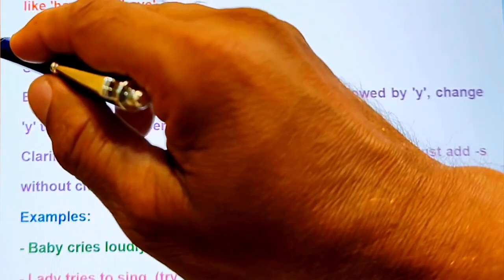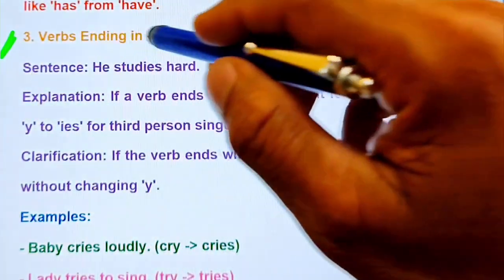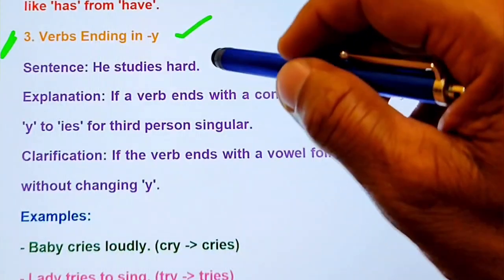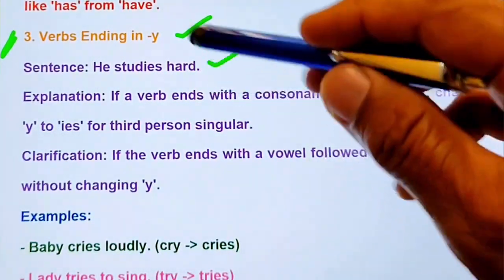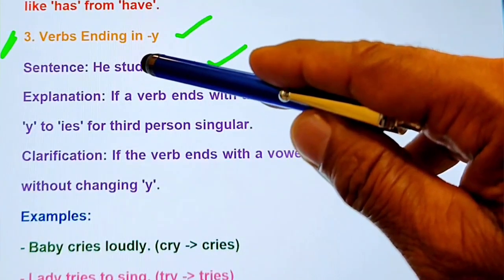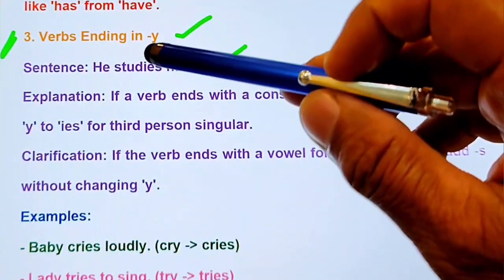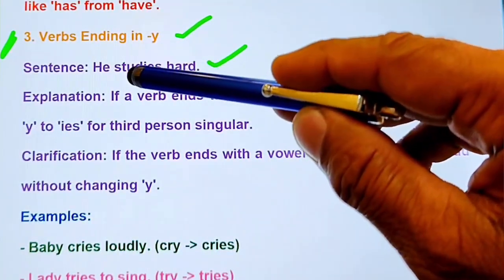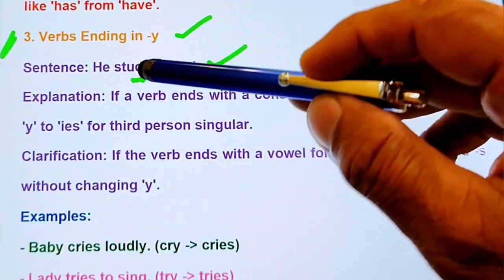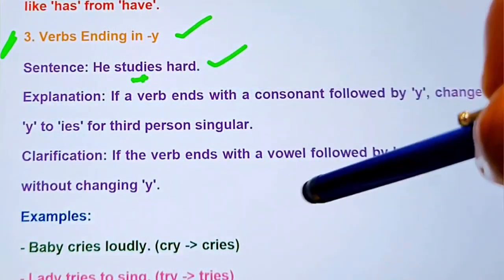Let's move on to the third rule: verbs ending with y. Sentence here: he studies hard. In "study," the word ends with y, and before y is d. D is a consonant, therefore we change y to i and add es here.